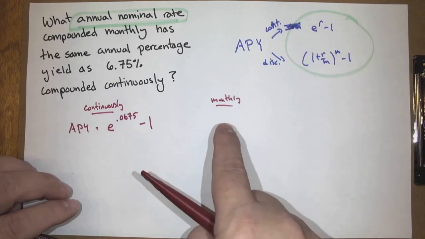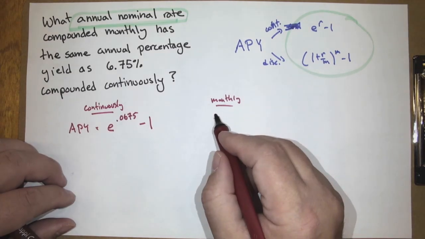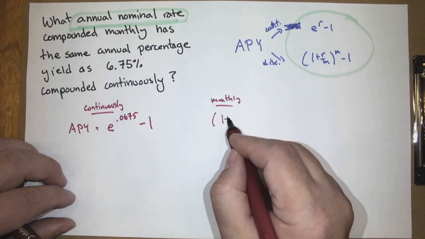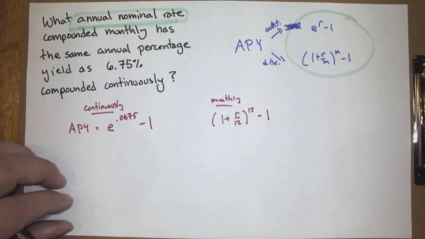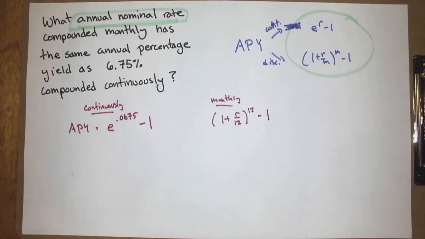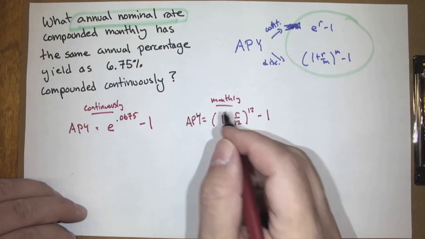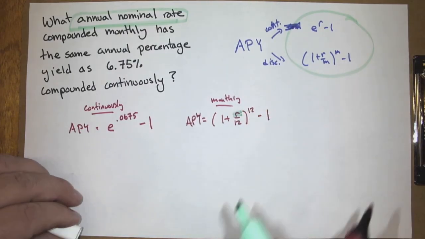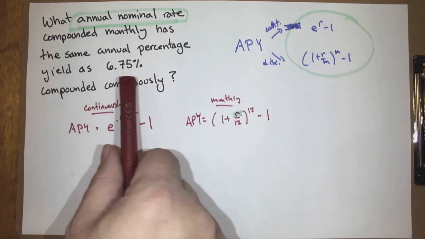What about the monthly investment? What would that be? Well, it's 1 plus r over 12 to the 12 minus 1. And this r, this is the r we're trying to solve for. Now, the point here, these have to be the same.